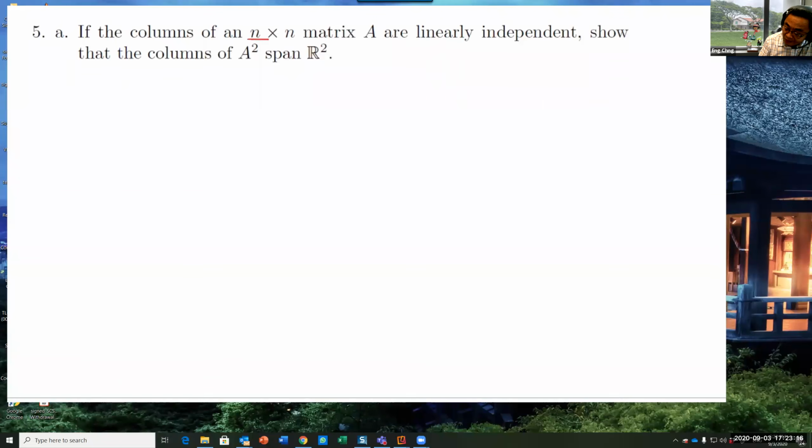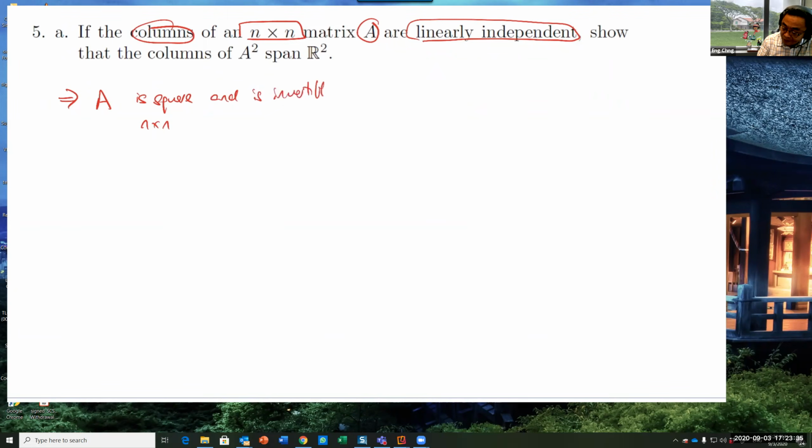So he says, I have a square matrix A, and I have linearly independent columns. That implies A is square, n by n, and invertible, because he tells us the columns are linearly independent.